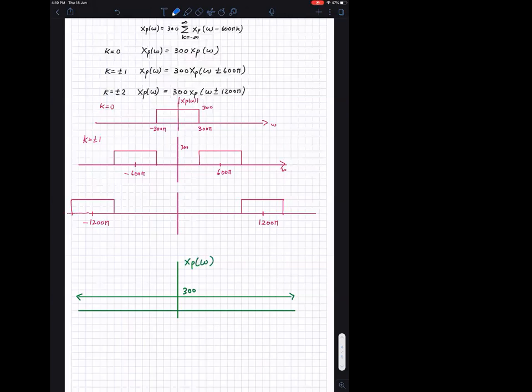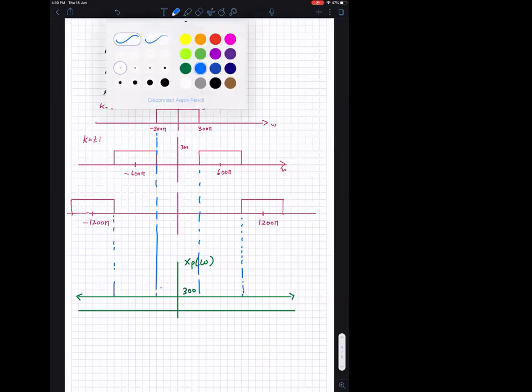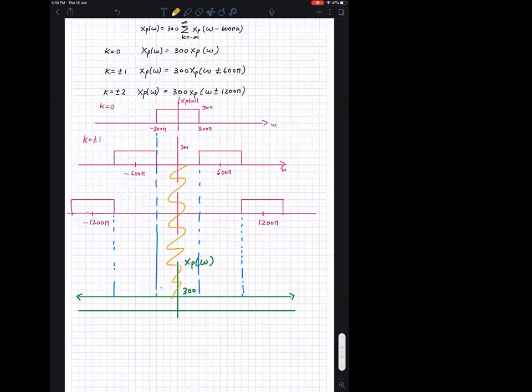You can see right here, if you draw those dotted lines, in this area the amplitude is 300. If you drop the dotted line here, in this region it's also 300. If you drop a line here, in this region the only amplitude is 300. So that's why I'm getting 300.